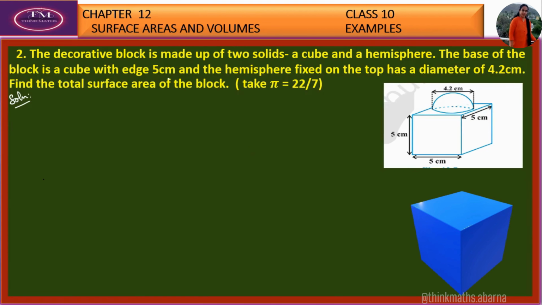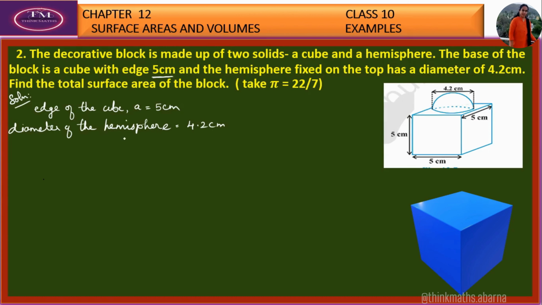Here, edge of the cube is equal to 5 centimeter. That is, edge of the cube, it is denoted by A, equal to 5 centimeter. Diameter of the hemisphere is 4.2 centimeter.